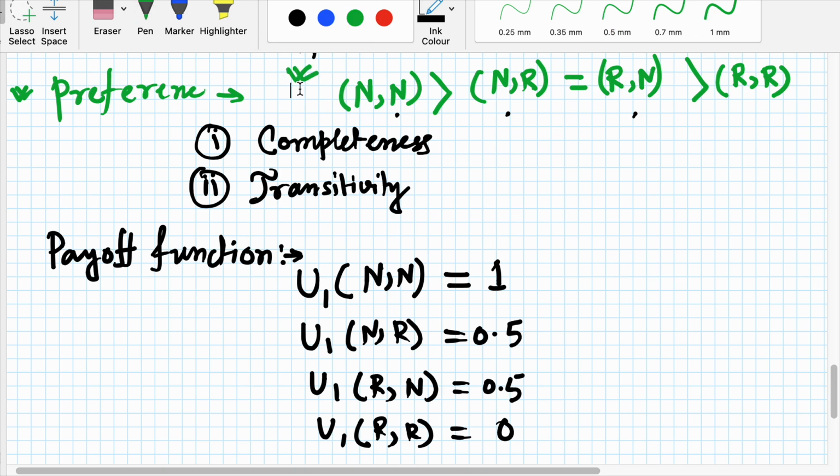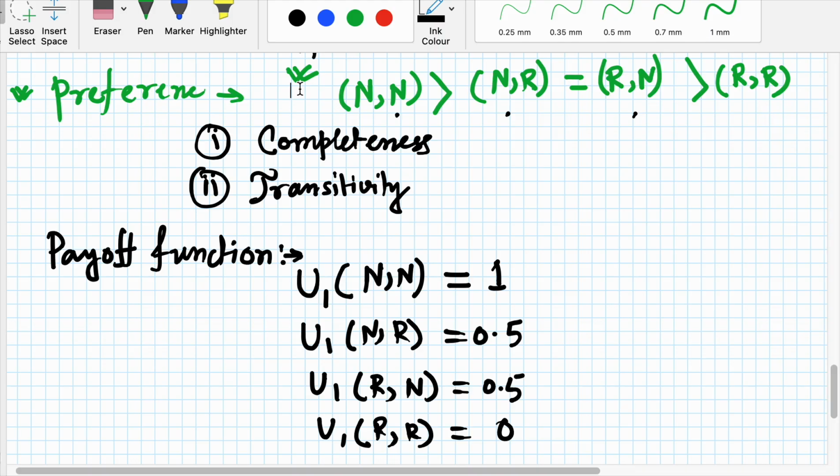We haven't said it explicitly, but you should keep in mind that the preference is the same for player 1 and player 2 here.